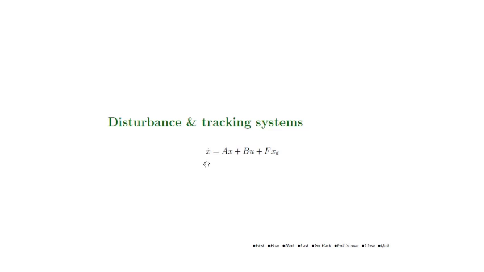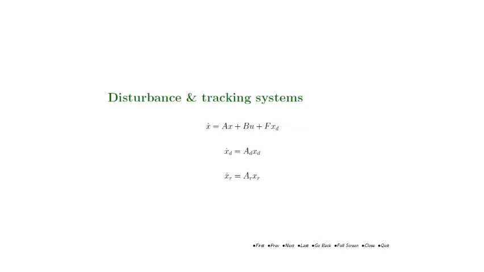So when we deal with disturbance systems, it is fitting to write our state differential equation in this form. He now also introduces another aspect, and that is having a tracking system where XR is the state that you'd like to track.